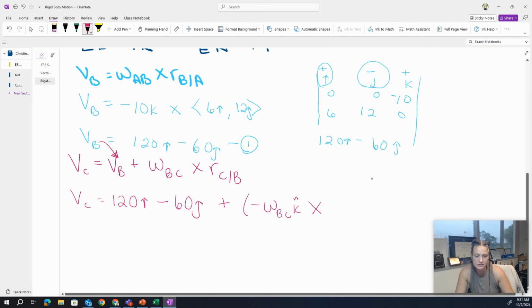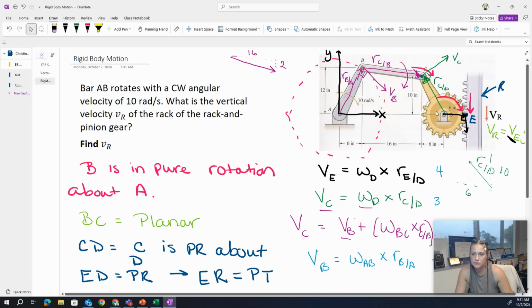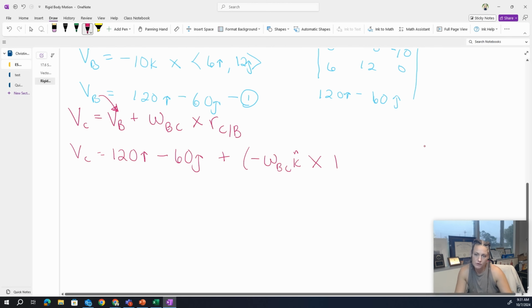And then I'm going to say cross RC with respect to B. RC with respect to B is going to go over 16 and down 2. So over 16, down 2. So this is going to be VC equals 120I minus 60J.